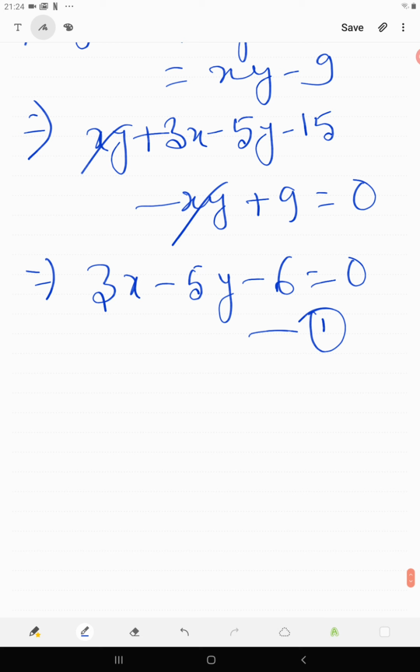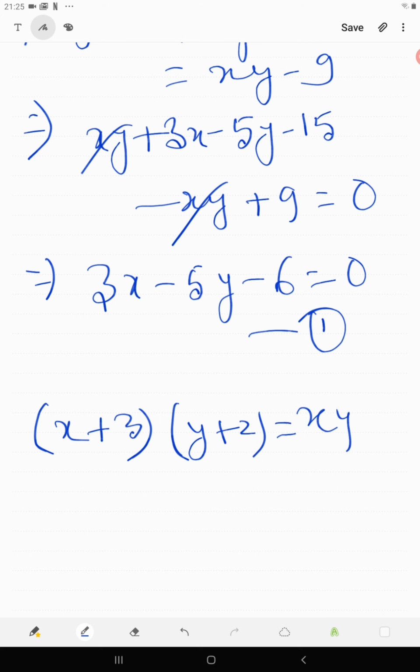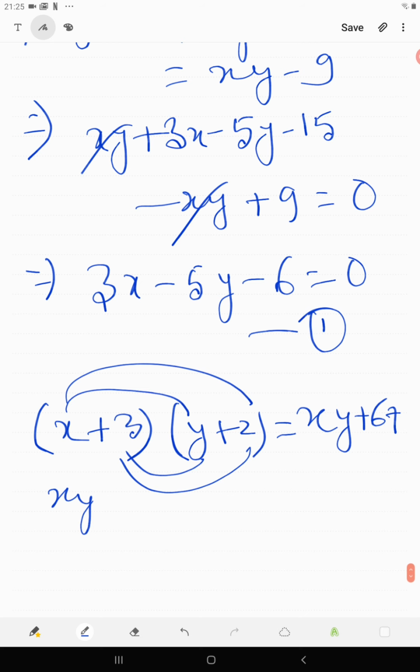Okay. Now the second thing is, if the length is increased by 3 units and the breadth by 2 units, so x plus 3 and y plus 2, then the area increases by 67 units, so xy plus 67. In the same way, xy, 2x, 3y, 6.